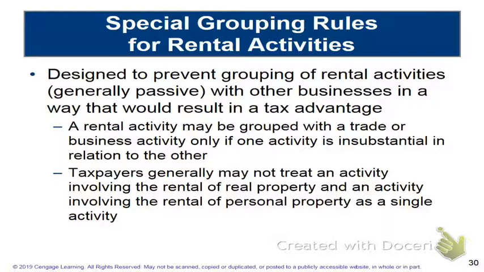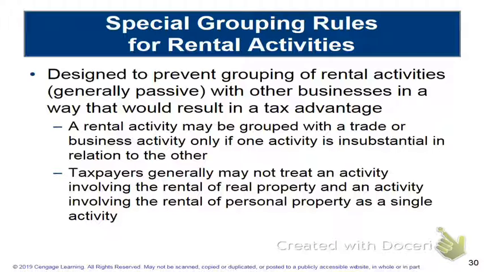Now, special grouping rules for a rental. And this is kind of, Katie started talking about this. They're designed to prevent grouping of rental activities that are generally passive with other businesses that would generally be active. They're trying to make sure you don't take a rental activity and group it with a trade when basically there's no reason to group those two things together.